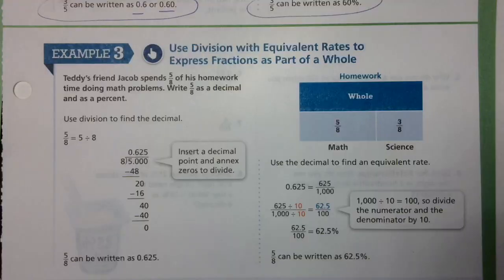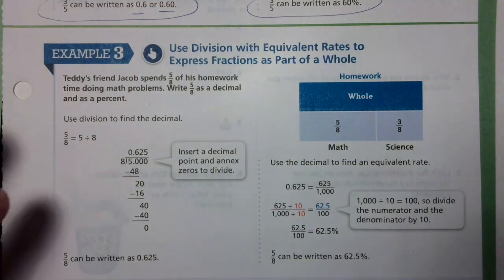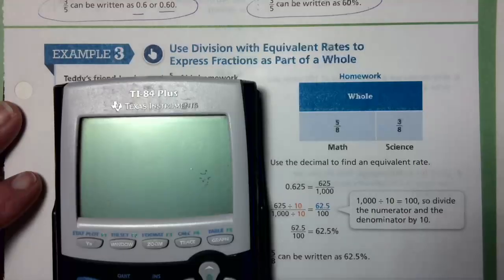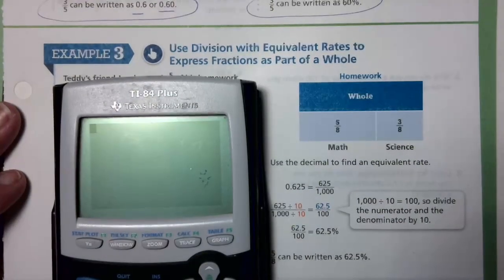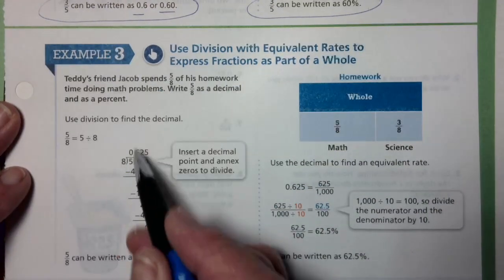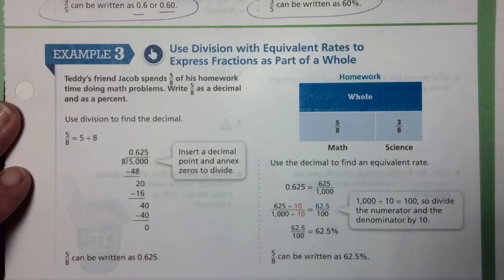Now you have some calculators at your desk. We're going to take 5/8 and turn it into the decimal. So turn your calculator on, clear it a couple of times. We want 5 divided by 8. 5/8 is 0.625. So with long division right here, they ended up with 0.625. There's the decimal form.